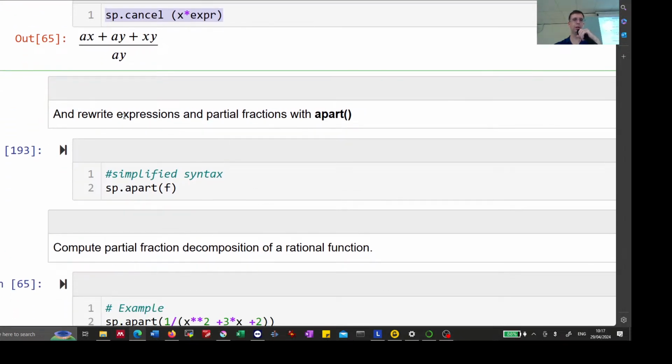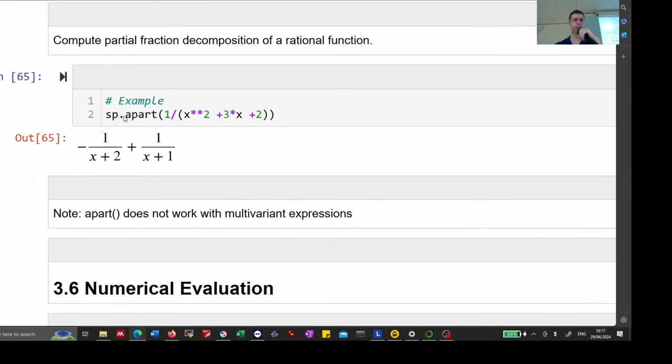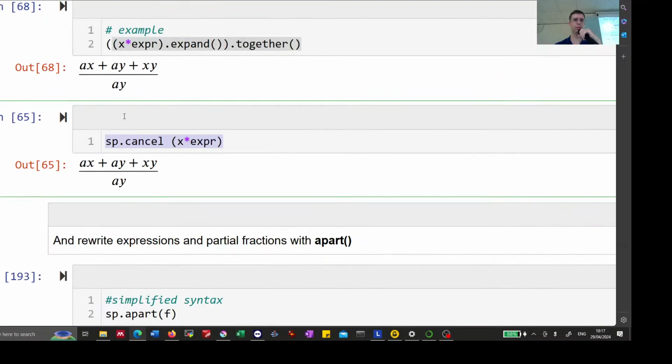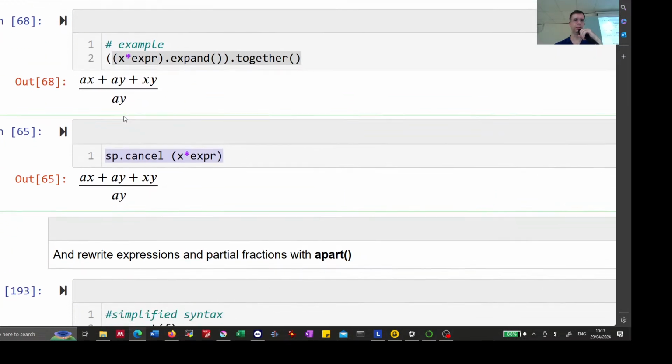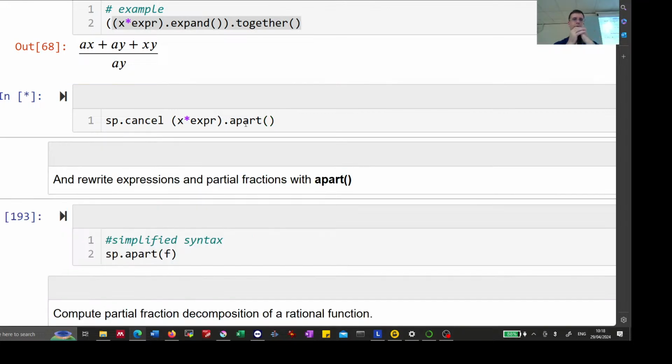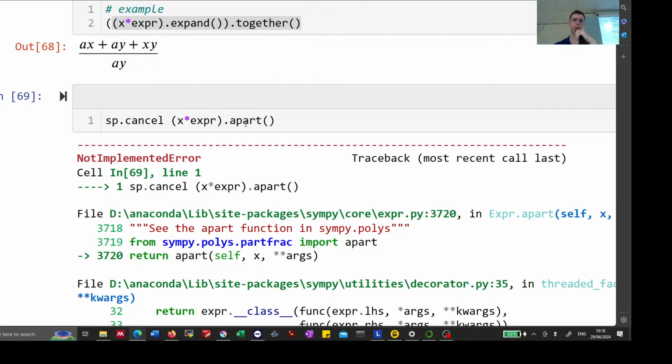Apart, I think, is basically the opposite of together. Let's see. We have a nice example here on top already. Let's work with apart on that. Wait, doesn't work.